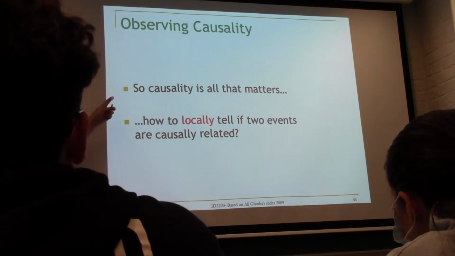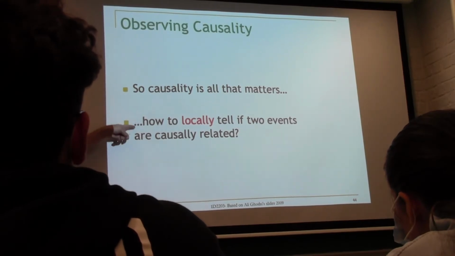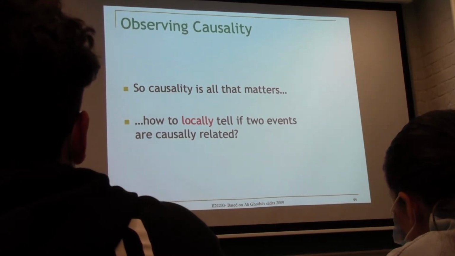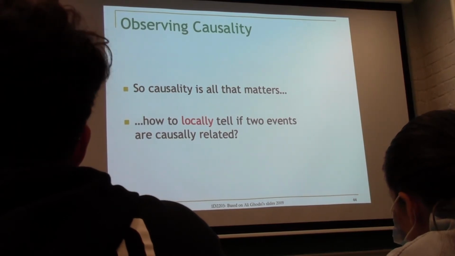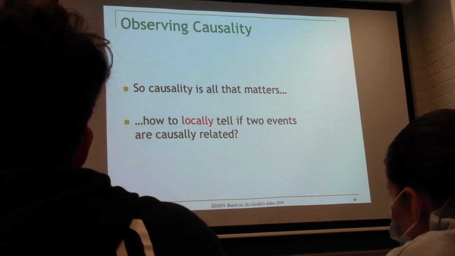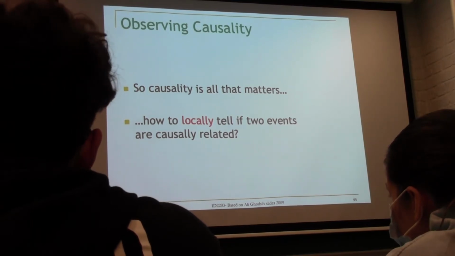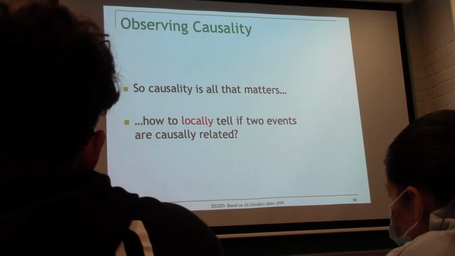Okay? So now, I want to compute causality. We have defined it theoretically, how the events are happening before the other events, and then there's this transitivity rule that actually makes all of them connected. But that's a God's eye view.